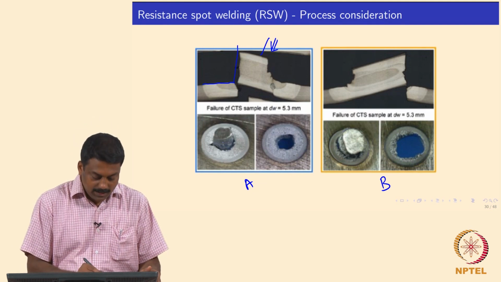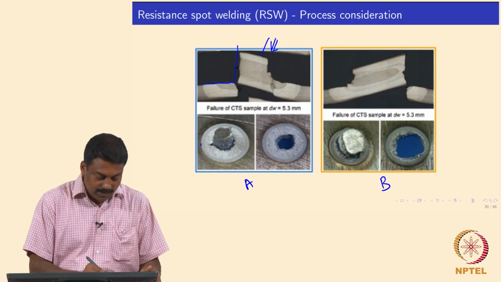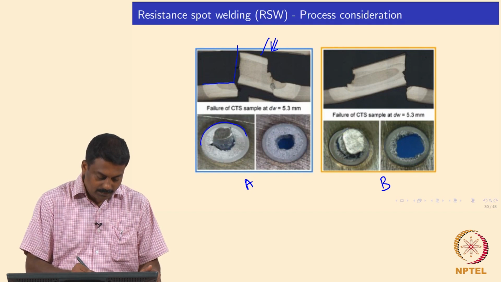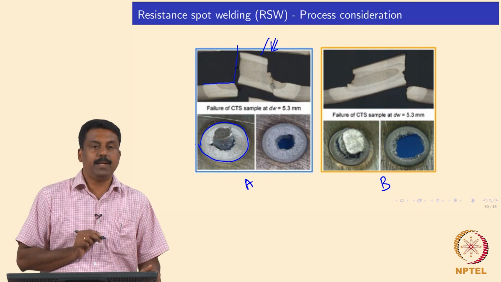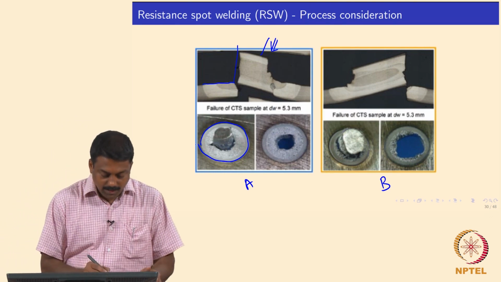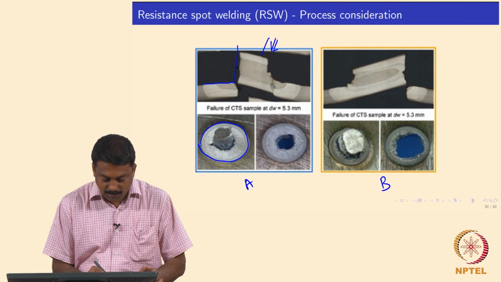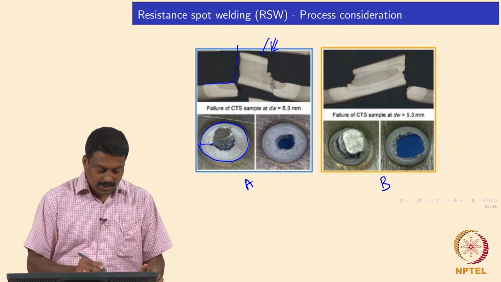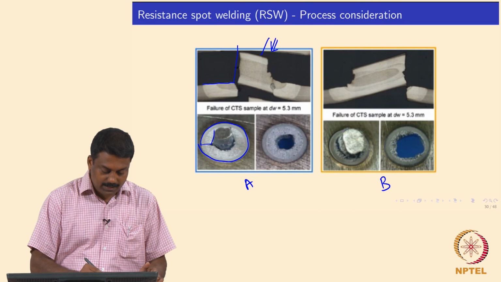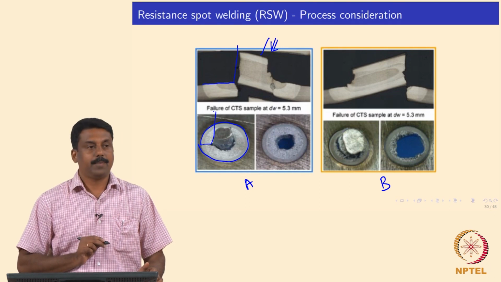So, if you look at the plug, this is the fusion boundary of the weld, the pre fusion boundary of the weld. So, when you are testing it, the crack nucleated and then the interface opened up, and then ultimately the crack deflected and then it cracked like that, right.